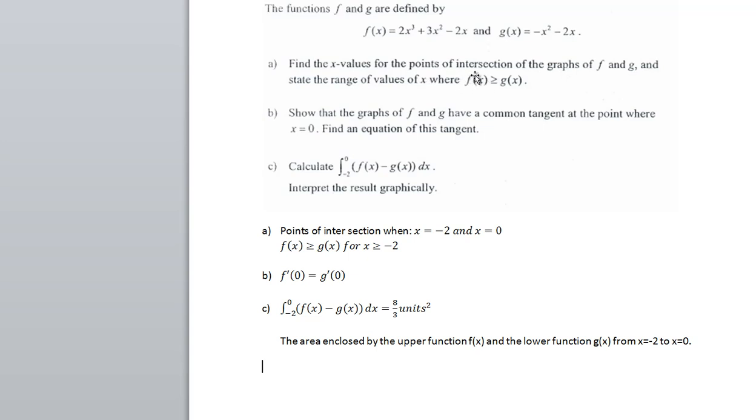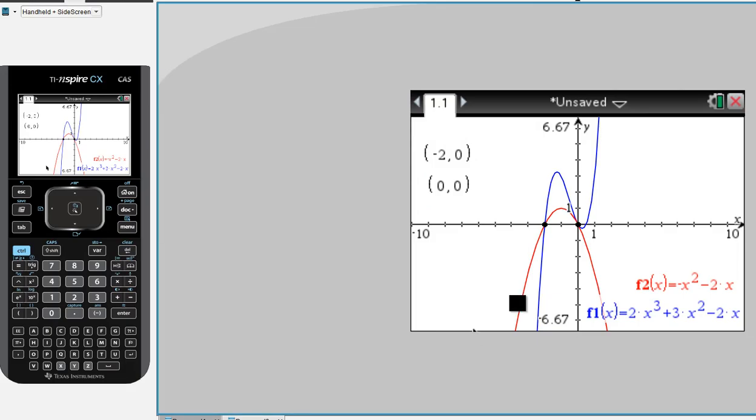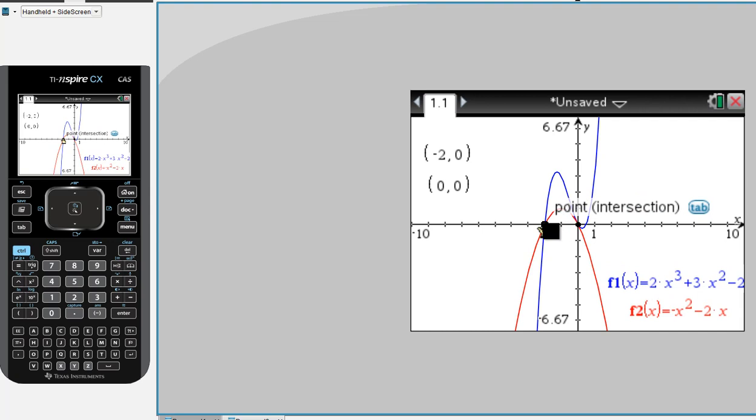The y value for the f function is greater than or equal to the y value for the g function. Let's have a look at the graphs again. So the f function is the blue one and g is the red one. So we can see here that, well, actually, first of all, let's talk about how we can know if the y value for this one is greater than this one.